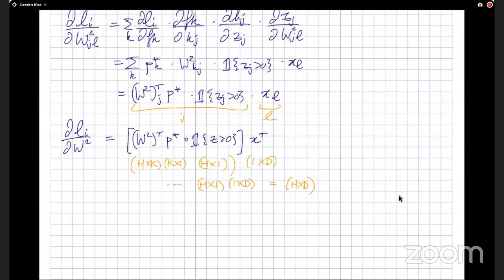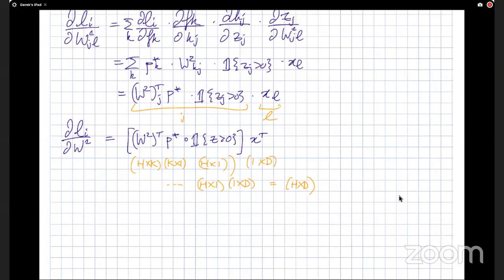So I have two vectors, and the one on the right is just a vector of 1s and 0s, and then I do the Hadamard product between these two vectors.